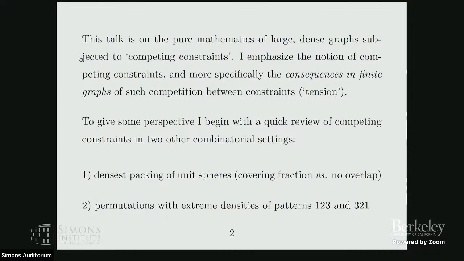I'll start off with densest packings of unit spheres in d-dimensional Euclidean space. And then I'll talk a bit about permutations with extreme densities of patterns 1, 2, 3, or as we heard, sub-permutations 1, 2, 3, 3, 2, 1, as Dan described them.